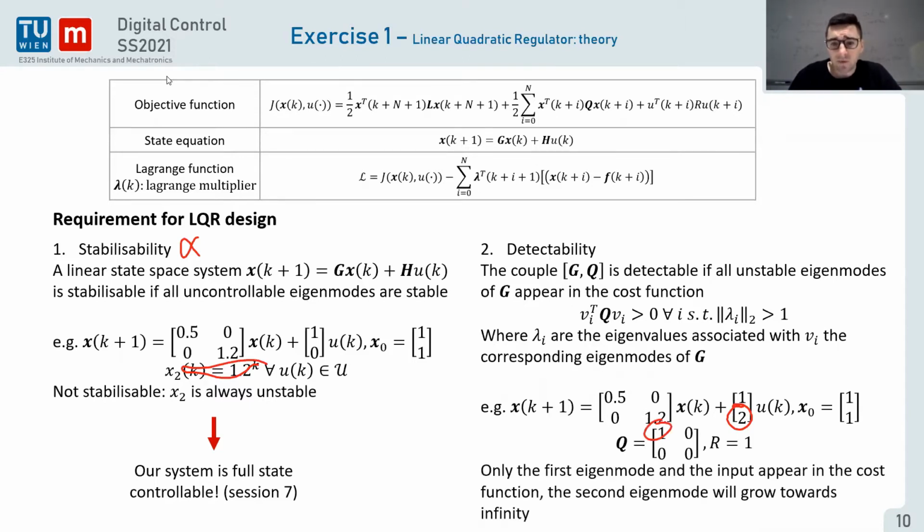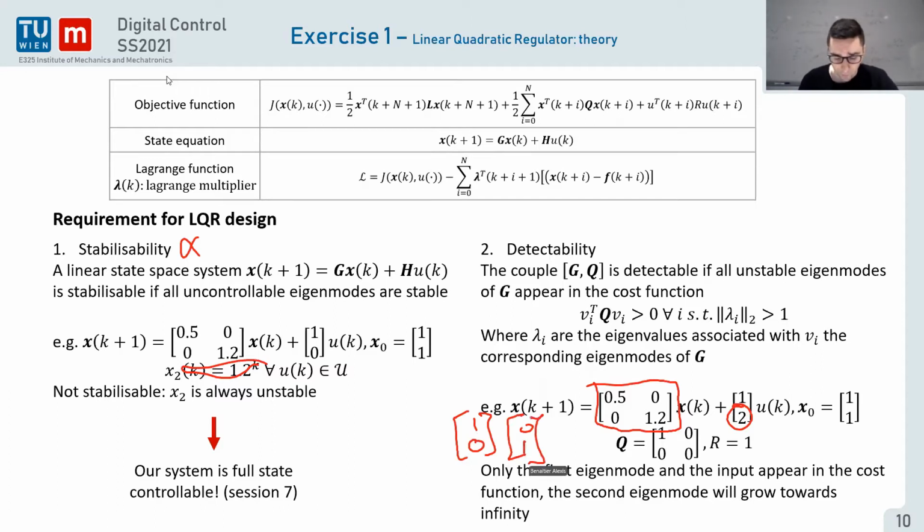Here, if I'm using this Q, the system J is already given as a diagonal matrix. You should all know that for a diagonal matrix, the eigenvalues are 0.5 and 1.2, and I can write the first and second eigenvectors like this, for example.